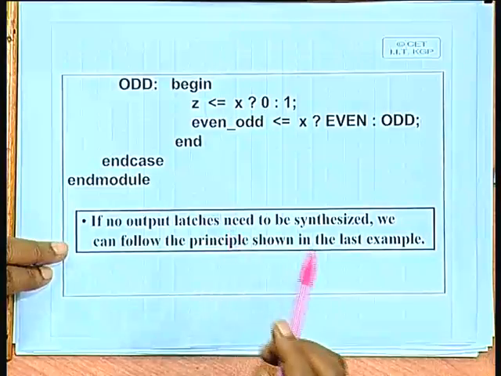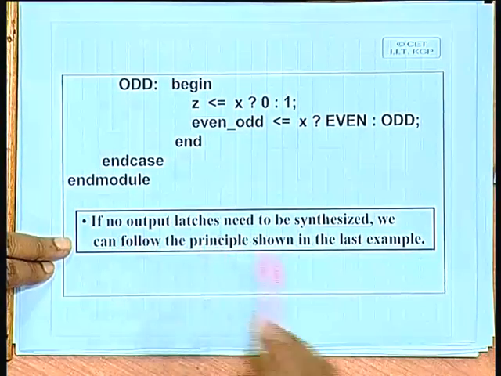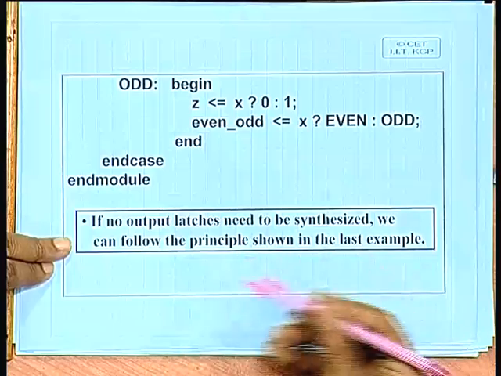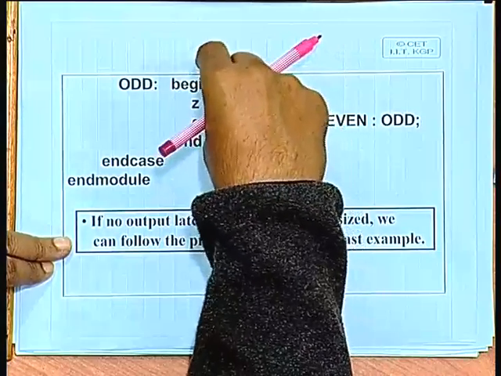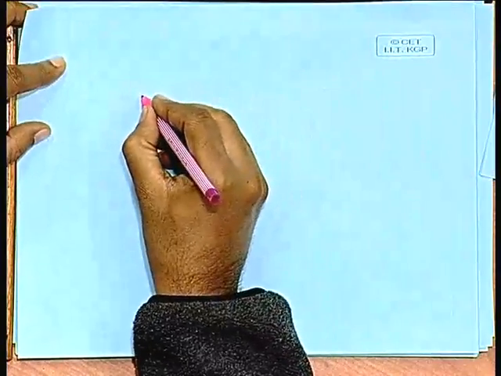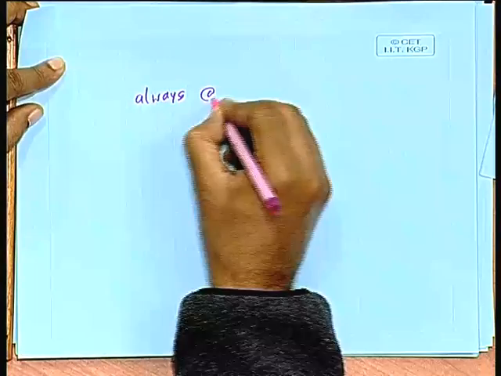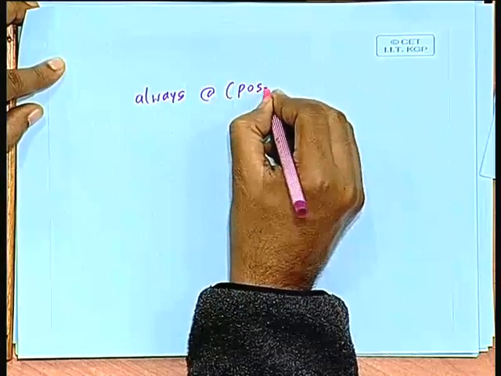But if you do not want that, then you can again break it up into two always blocks, as I had mentioned earlier. If you do not need the output latches, then you can follow the principle in the last example, whereby you can use two different always blocks. One always block you can trigger by the positive edge of the clock.